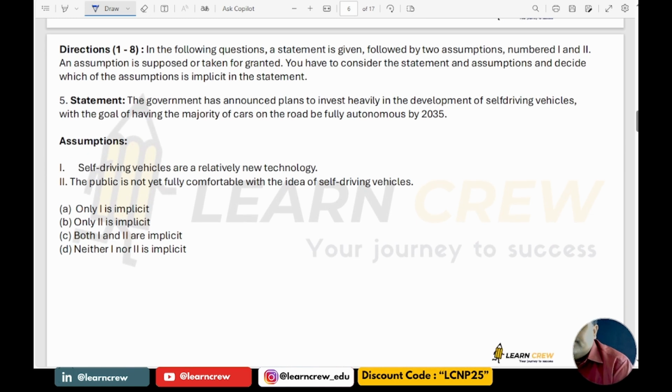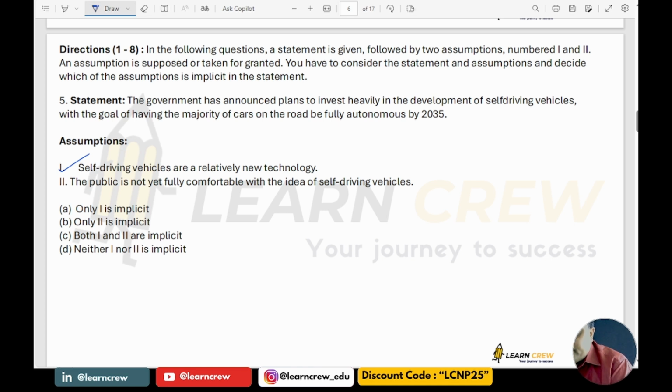Question number 5. The government has announced plans to invest heavily in the development of self-driving vehicles with the goal of having the majority of cars on the road be fully autonomous by 2035. Assumption: self-driving vehicles are a relatively new technology.